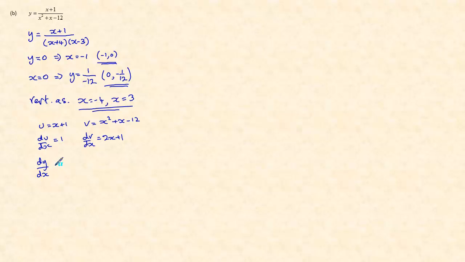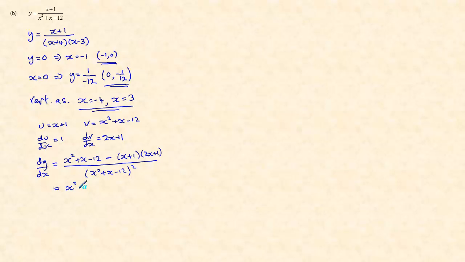So dy dx is going to be v du dx, so that's x squared plus x minus 12, take away u dv dx, which is x plus 1, 2x plus 1, all over x squared plus x minus 12, all squared.